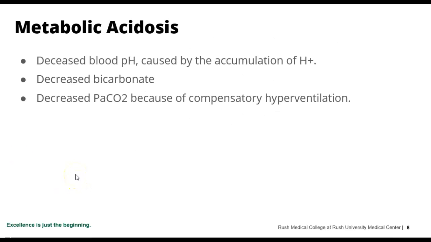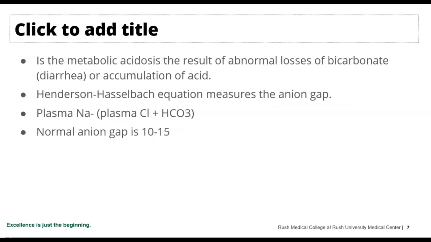So metabolic acidosis is decreased blood pH caused by an accumulation of hydrogen, decreased bicarbonate, and decreased PCO2 because of hyperventilation. The question to ask yourself is: is the acidosis the result of an abnormal loss of bicarbonate, in the case of diarrhea, or the accumulation of an acid? We use the Henderson-Hasselbalch equation to measure the anion gap.